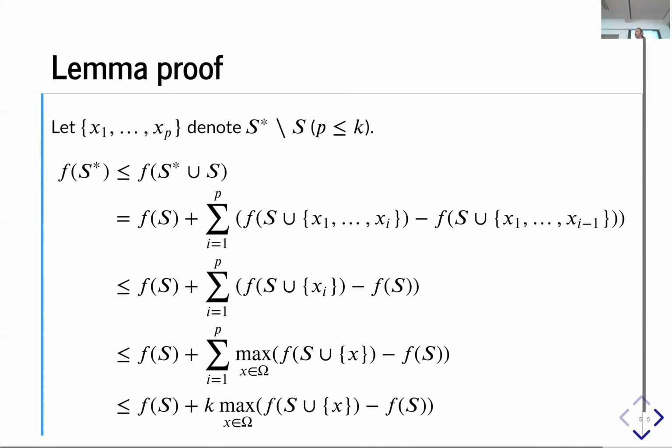It's funny because you just used monotonicity and submodularity. It's the same type of proof as for the definition equivalence: you consider a simple path and follow it. So now we've got the lemma.